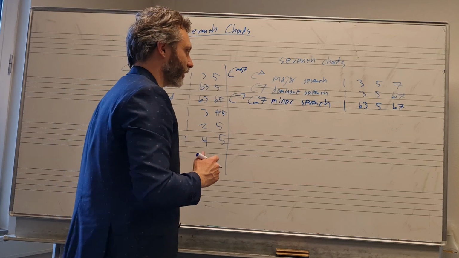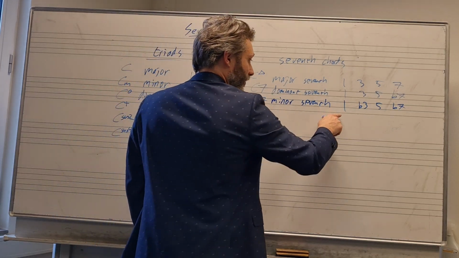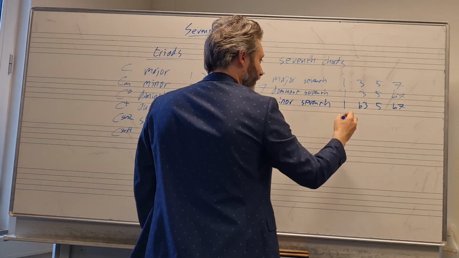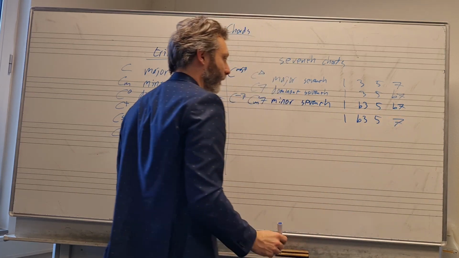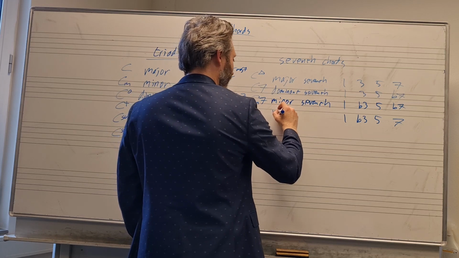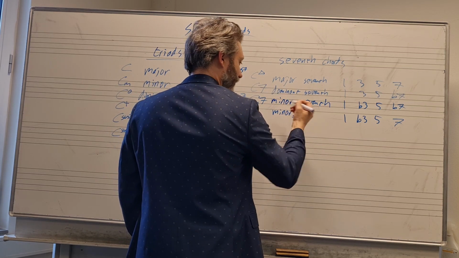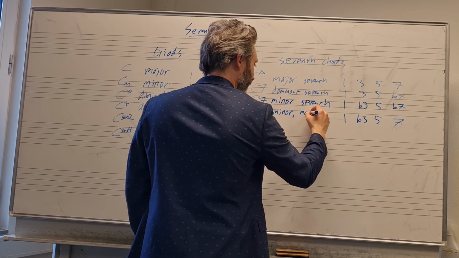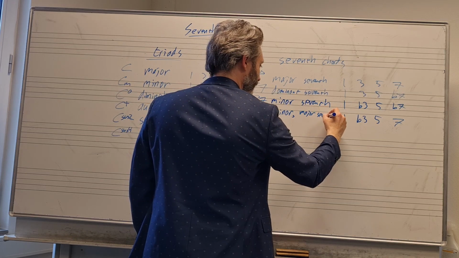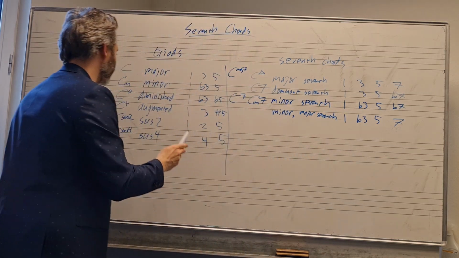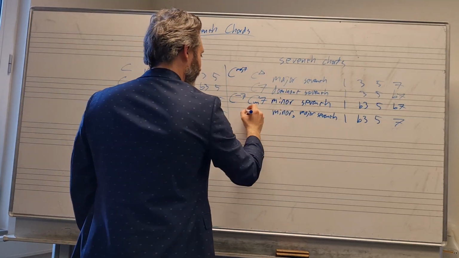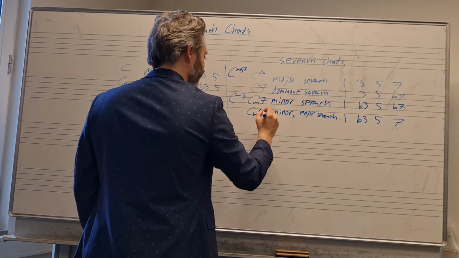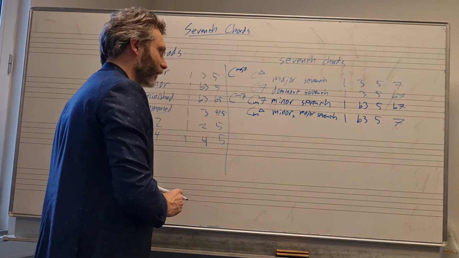Both occur. If we, however, get a minor triad with a major seventh, then you get a minor major seventh. So we're just combining the minor triad with the major seventh. That's all it really is. C minor major seventh. Okay?